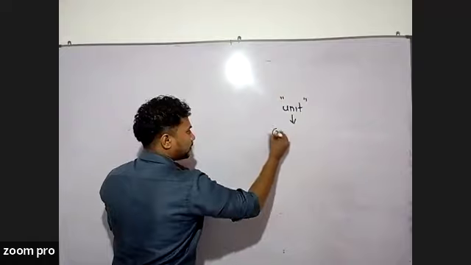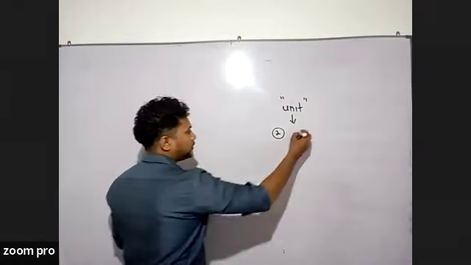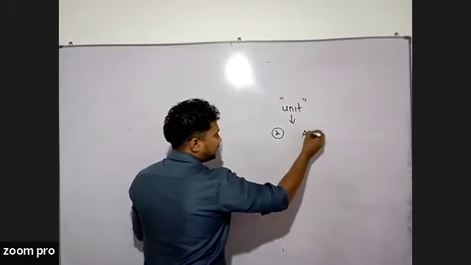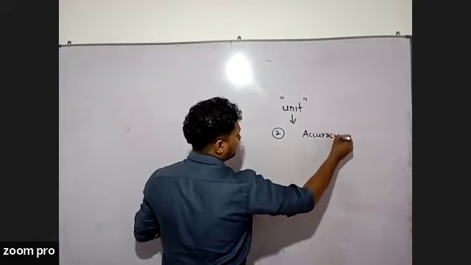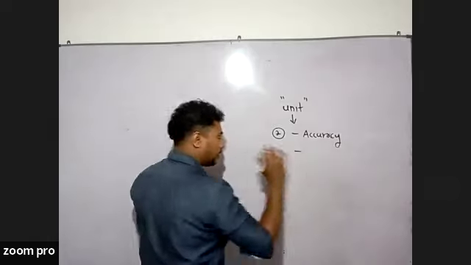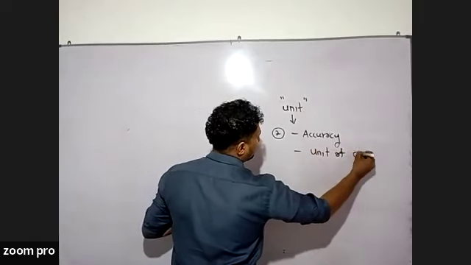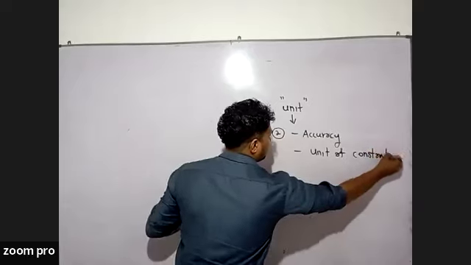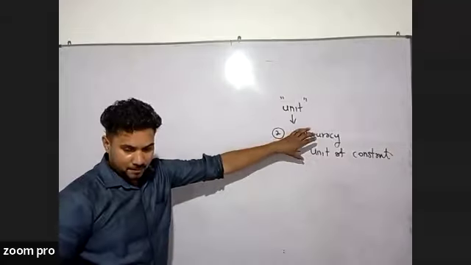What are the two importances of units? The first one is that we can determine the accuracy of a given equation by considering units. The other is that we can obtain the unit of a constant in a given equation.